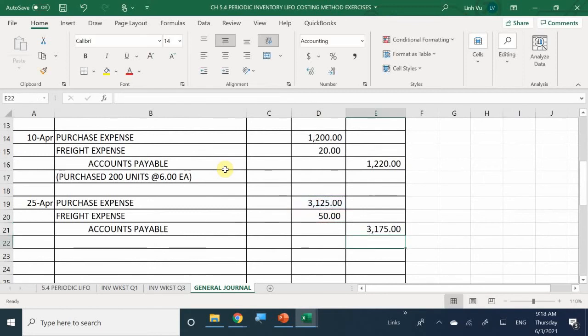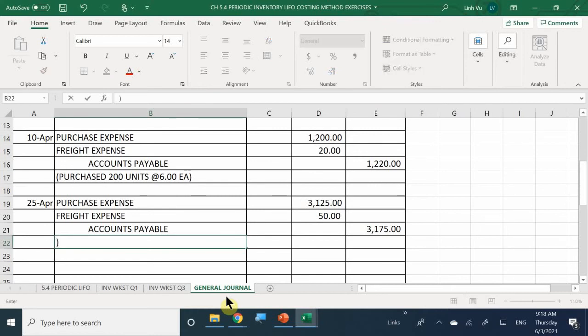So here I don't really have to do too much work, but I'm trying to make it a little easier. If you choose to do the inventory worksheet first, that way you can eliminate having to double calculate.